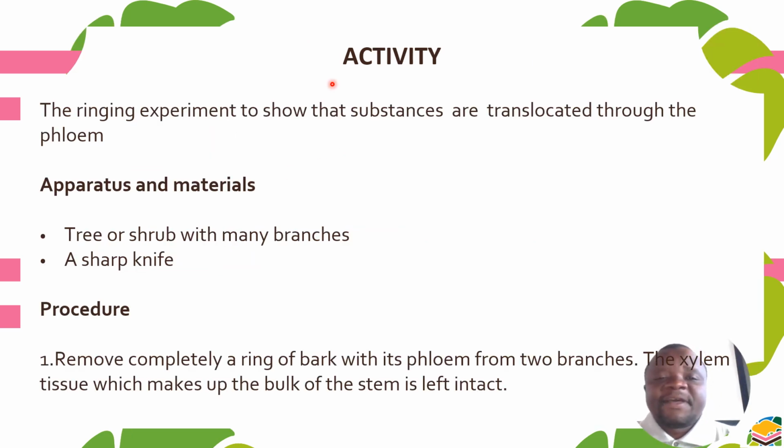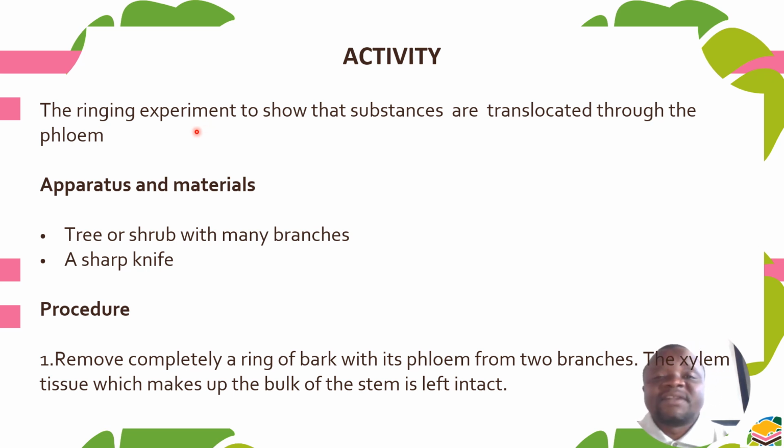Right, we have the experiment, the activity which we can conduct to prove whether the phloem really conducts glucose, organic food materials. Now, what experiments do we use? Two approaches are used. We have what we call the ringing experiment.